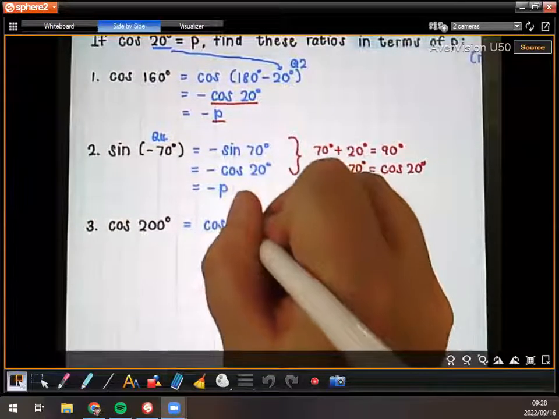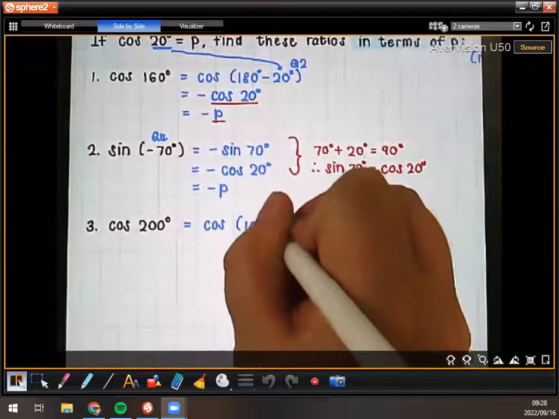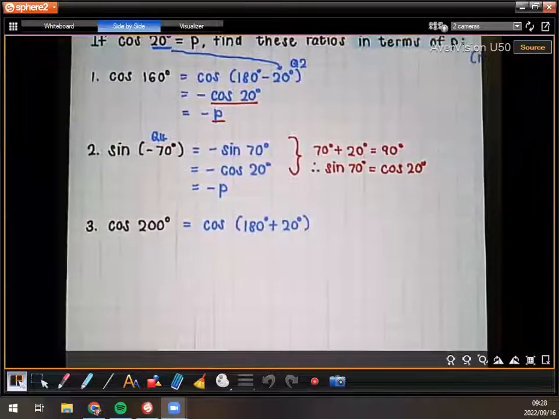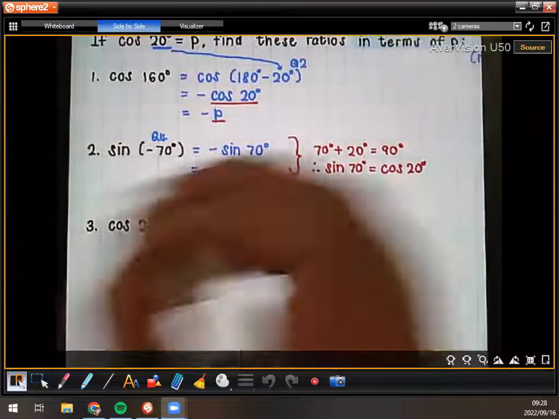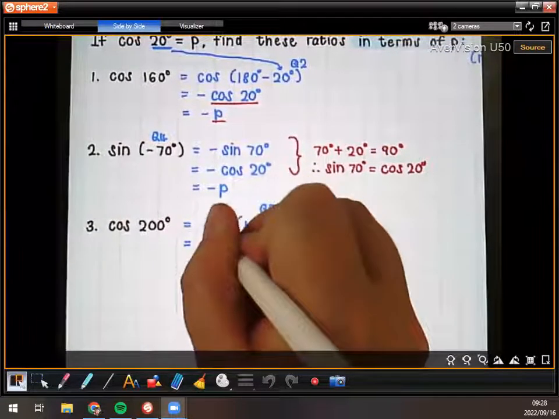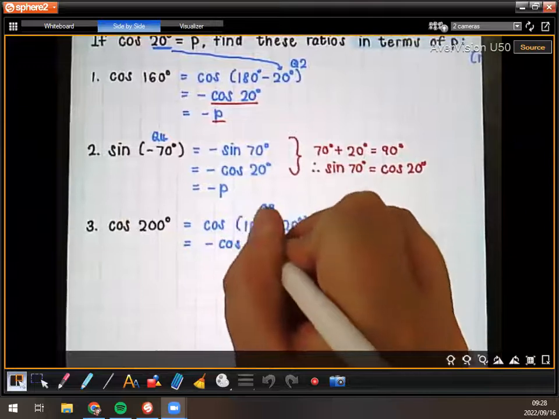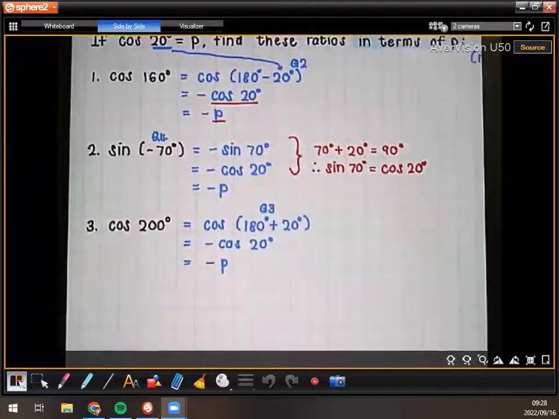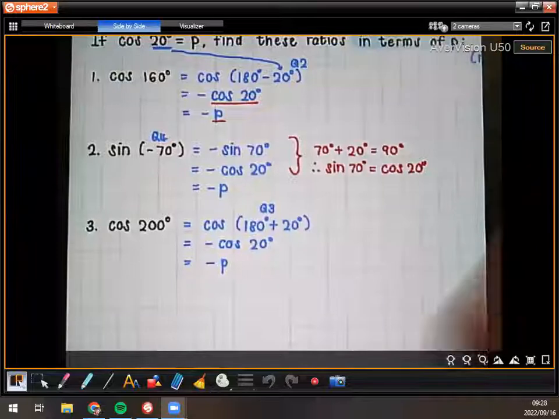So cos 200 is the same as cos 180 plus 20, which is quadrant 3. What is cos in the third quadrant? Negative. So again, we are getting negative cos 20, which is negative p.